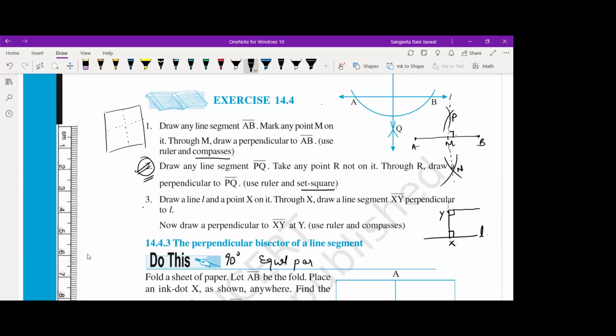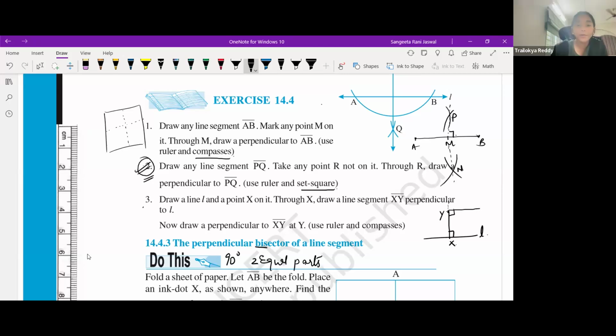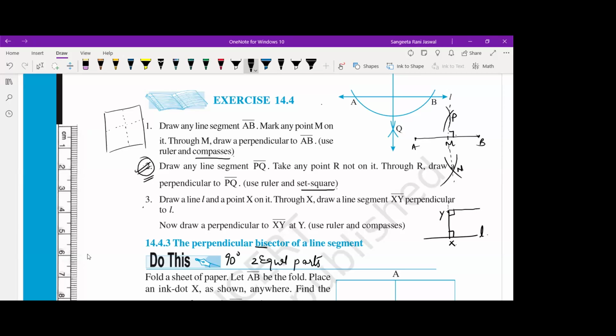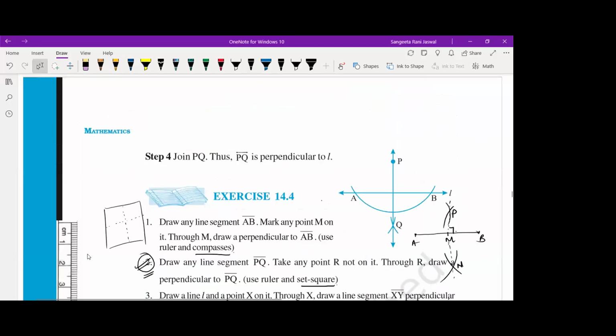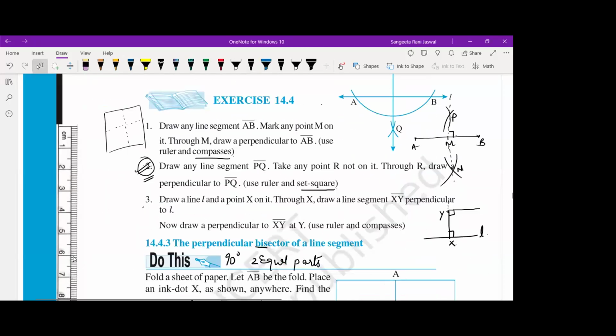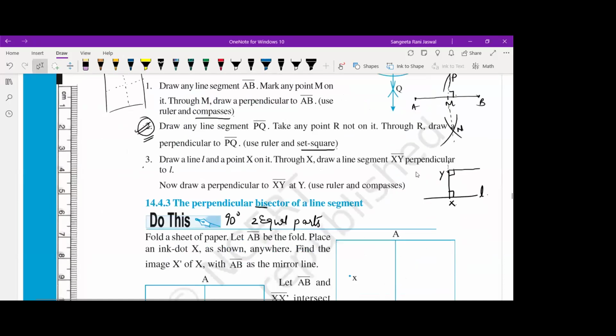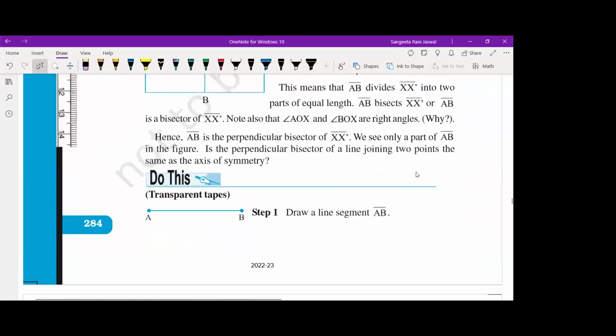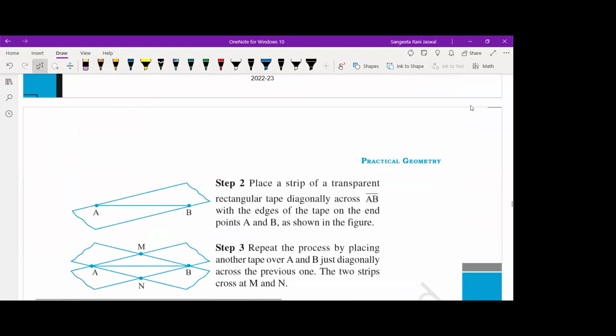Bi means two, so two equal parts. So let's start. In this, your perpendicular will also be covered. Those who had missed the previous class will also get to understand how to make perpendicular.